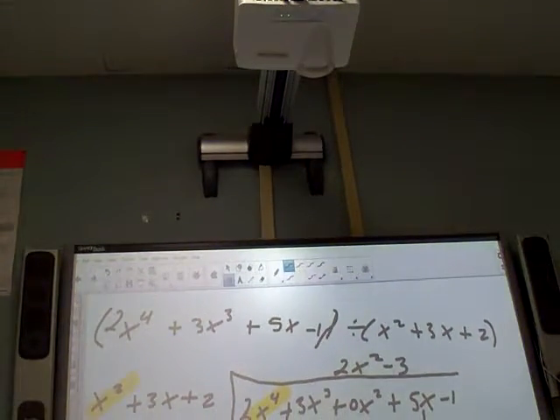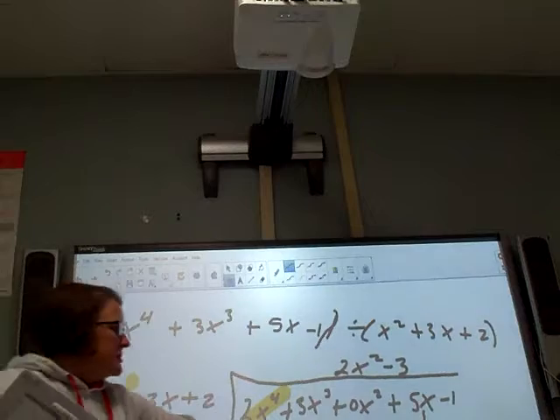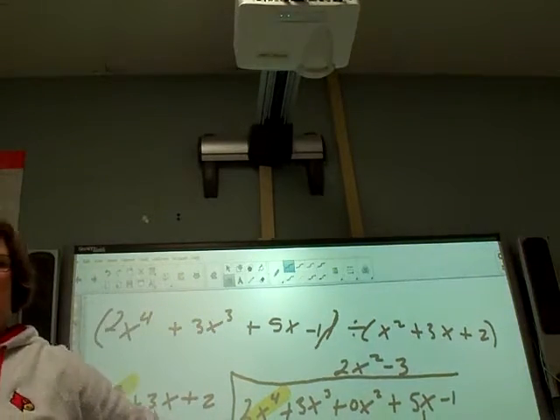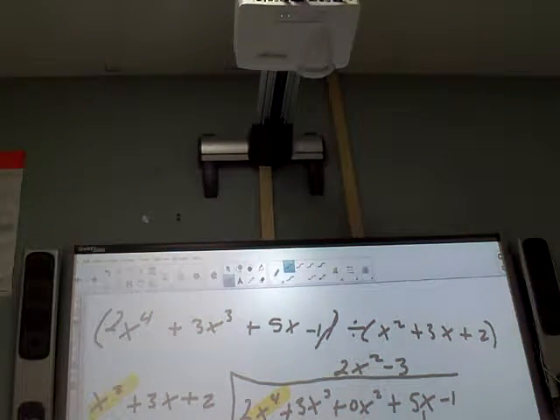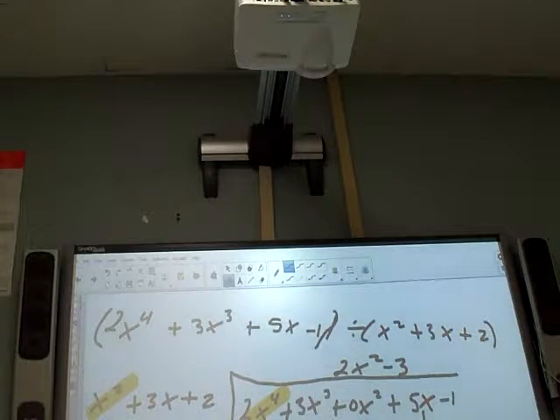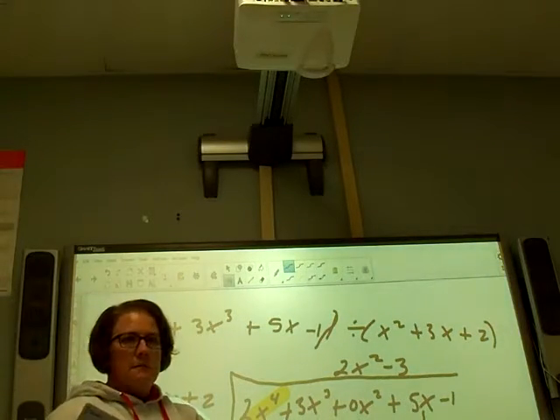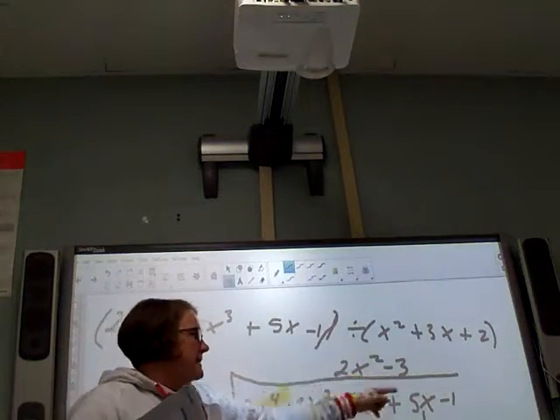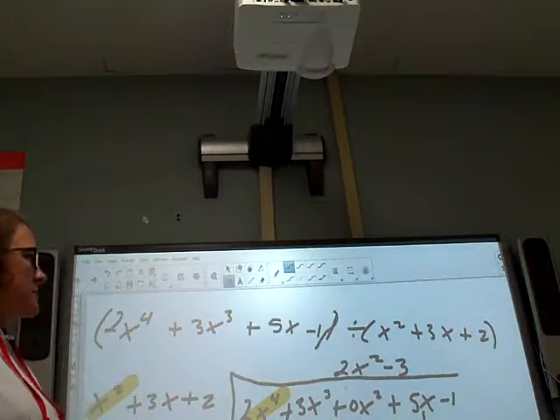What else does it have to be to go from an x squared to an x cubed? What can I multiply by that changes it from an x squared to an x cubed? 1. 1 what? To go from an x squared to an x cubed. No. It's an x, right? Because x squared times x makes x cubed. So with that negative 3 you figured out, also need to have an x there.